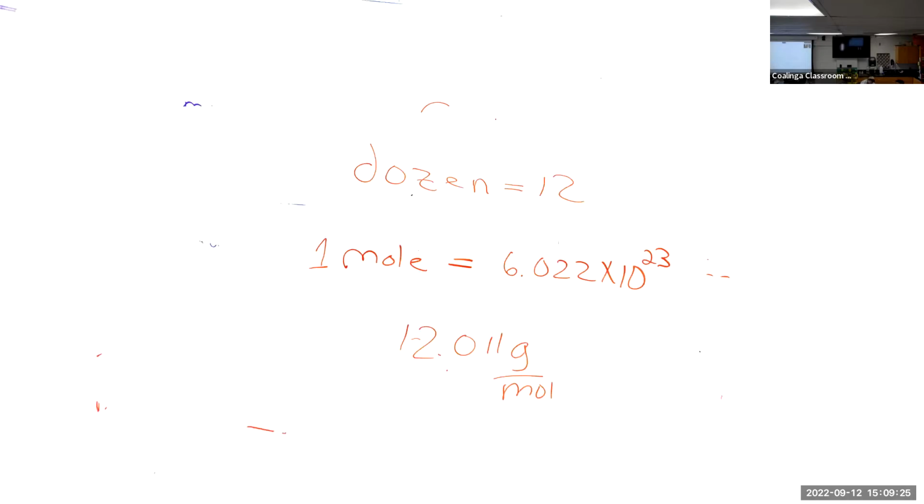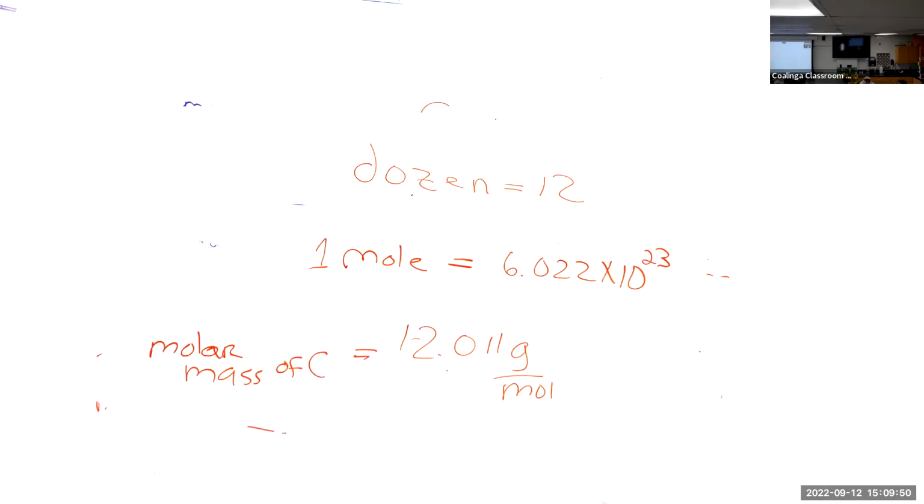So we can convert mass into quantity using the molar mass. What you guys see, that 12.011 grams per mole, that is called the molar mass of carbon. Okay.